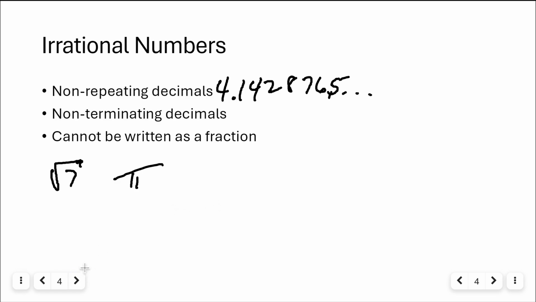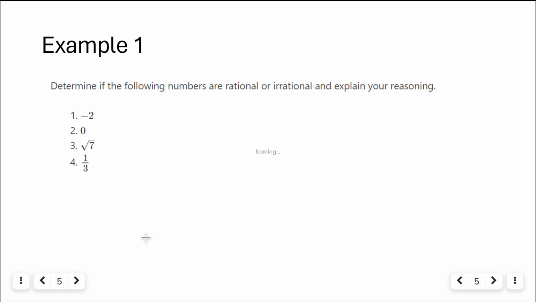All right, so they're the numbers that are definitely weird, stranger than others. So determine if each of the numbers are rational or irrational, and then we're going to give a reason for each. So -2, that is a rational number. It can be written as a fraction. It is rational. 0 is also rational.